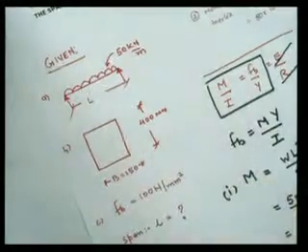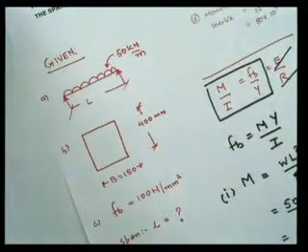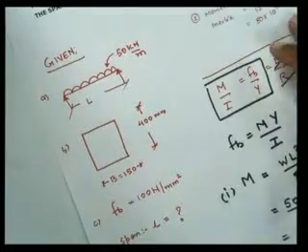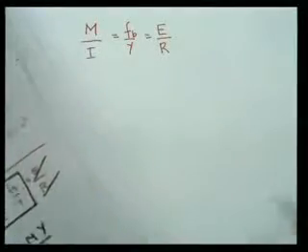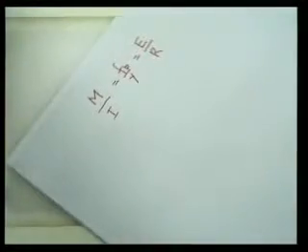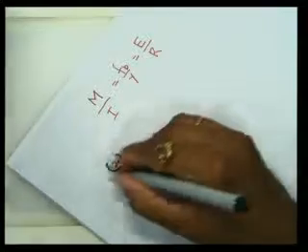Now from the second diagram, that is from the cross section of the rectangle, what can we find out? We can find out the value of A and the value of I. I is nothing but the moment of inertia. So the second step is moment of inertia.